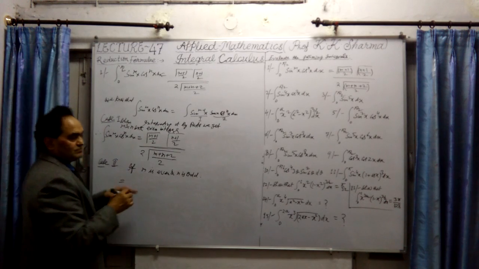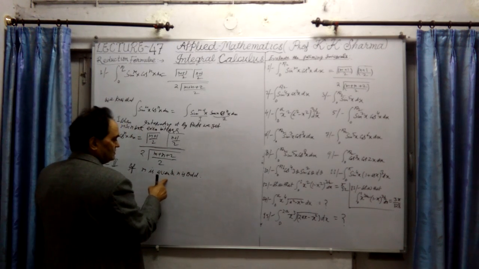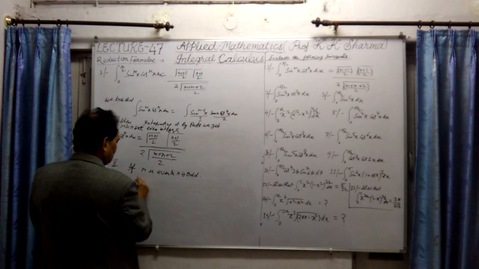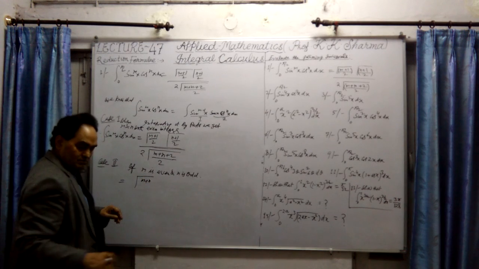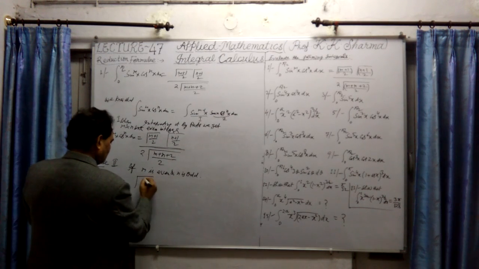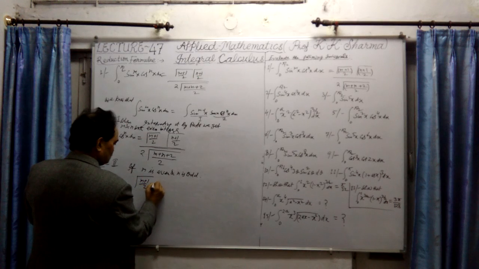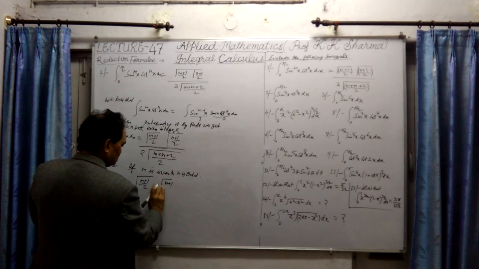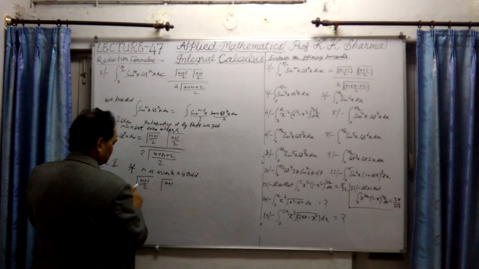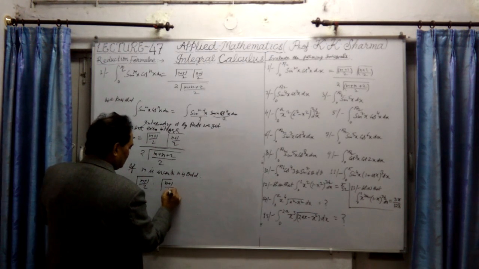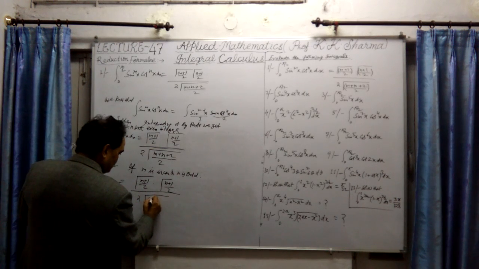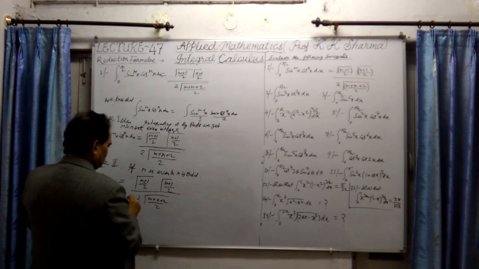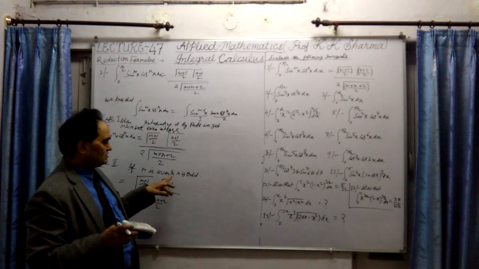If I express the same thing again, for m even and n odd, the same function: gamma of m plus 1 upon 2 into gamma of n plus 1 upon 2, straight line, not a square type, upon 2 into gamma of m plus n plus 2 upon 2. Same value in case m is even and n is odd.